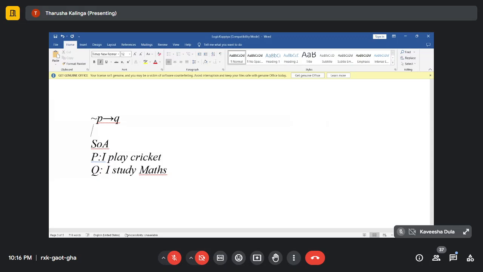Now anyone here, any volunteer to tell me, like convert this statement into English? Anyone? Just unmute yourself and tell me. Anyone? If I don't play cricket, I will study maths.